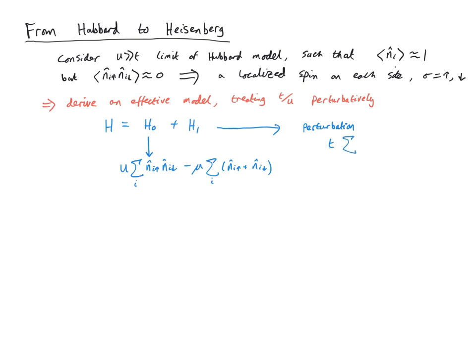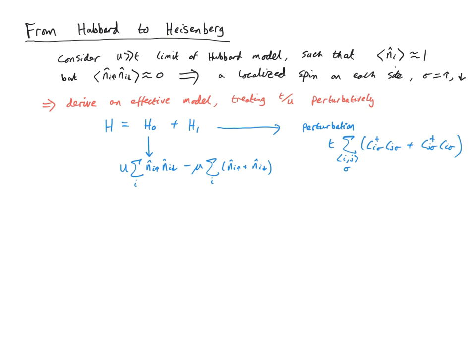Of course, we want to think of a dimensionless quantity that's small, that's t over U. And this is going to involve the tunneling term between our neighbouring sites on the lattice, and we have a sum over spin sigma. Write the two Hermitian conjugate terms here.